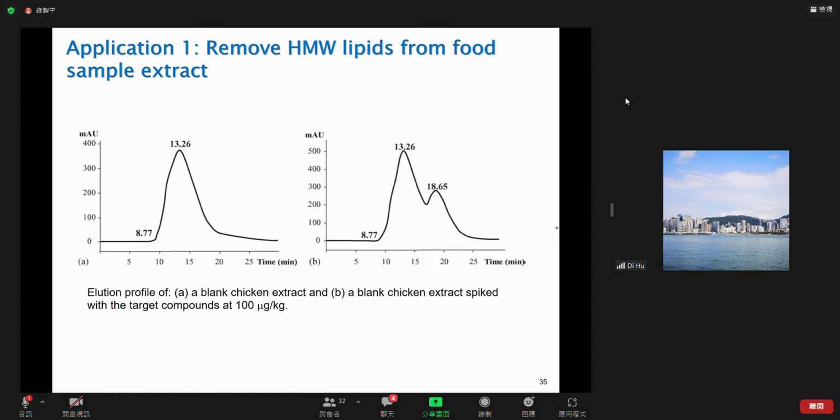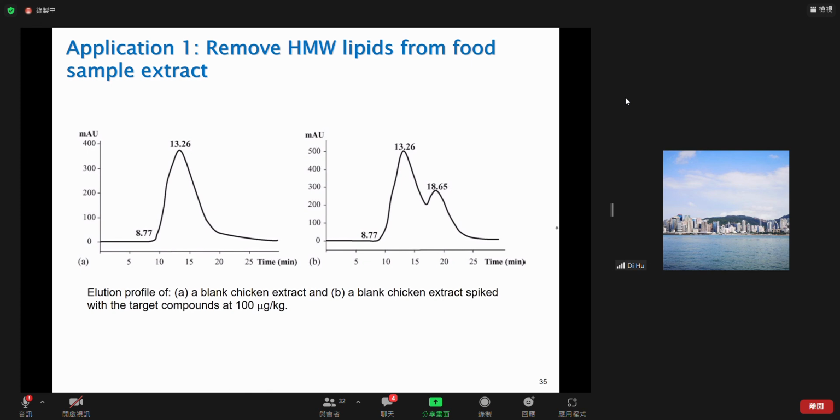You can see we can apply size exclusion chromatography to many different fields, not just polymer molecular mass distribution. Even for sample treatment, we can remove high molecular weight lipids from food sample extracts. Here, this is a blank chicken extract, and the second is the blank chicken extract spiked with the target.